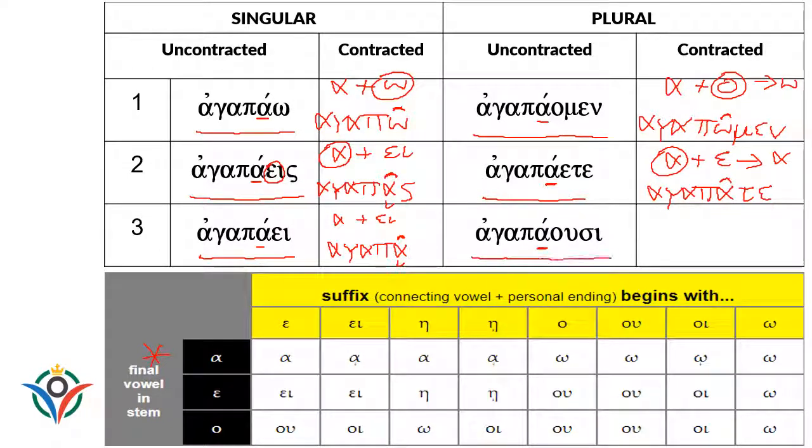And then our final one, the third person plural, we have the alpha plus the u. All right, let's use our chart of contraction for this one, the alpha, when it meets the u is going to be omega. All right, and the rule states there that the upsilon would fall away, and then the normal rules would apply, and the omega would prevail in its longest form, which is the omega. So here we have agaposi, okay, with a circumflex.